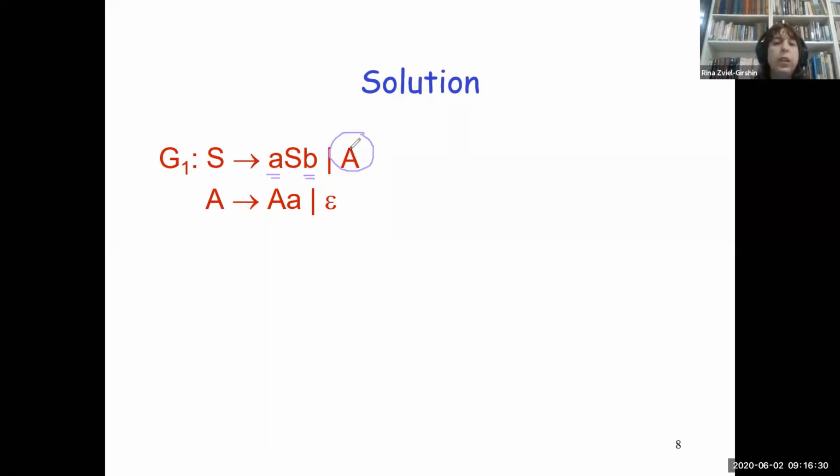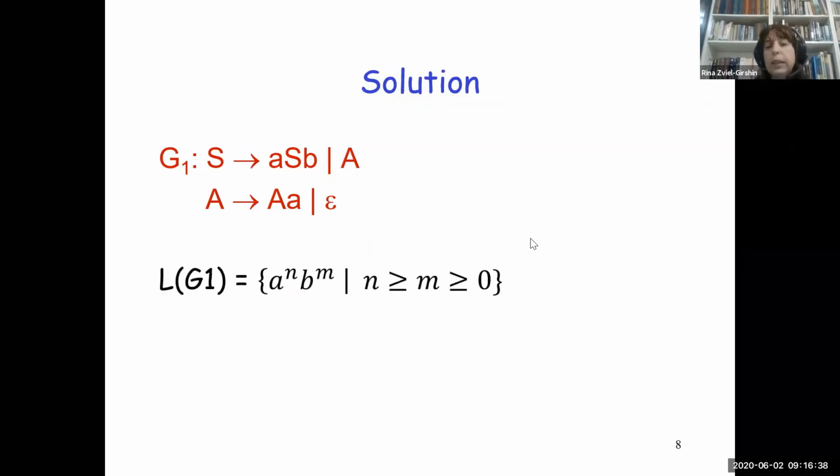So we definitely know that the number of A's will be equal or greater than the number of B's. And that's what we define. We define the language of G1 to be A in power of N, B in power of M, where N can be equal to M or can be greater than M.